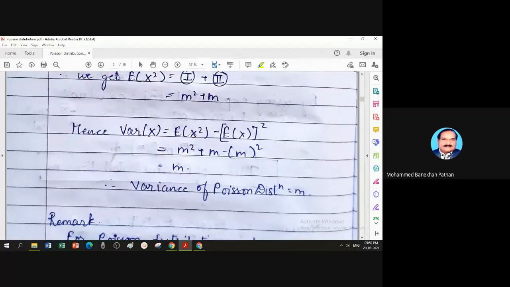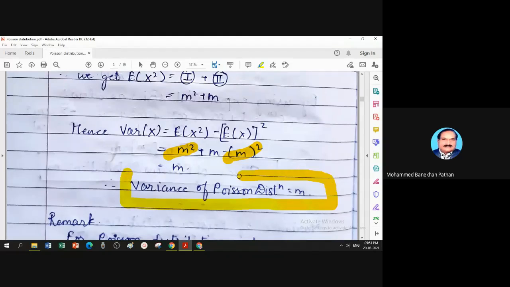I got E of x square, that is m square plus m, minus E of x, which is m, whole bracket square. This minus m square and this plus m square cancel. Result is m. So variance of Poisson distribution is again m.